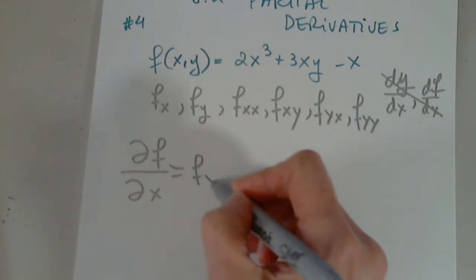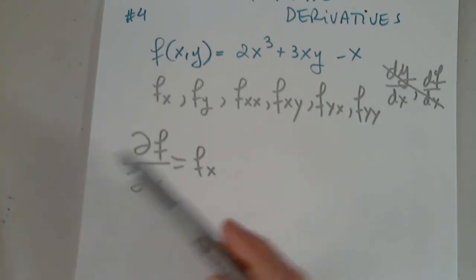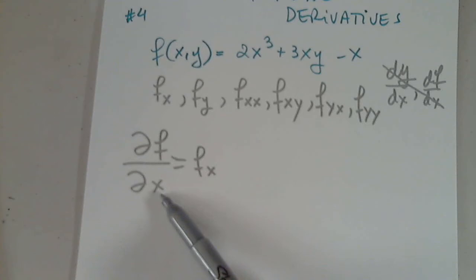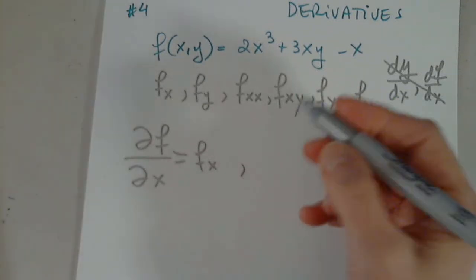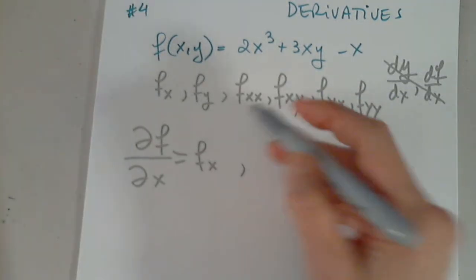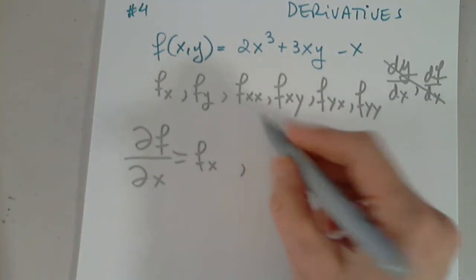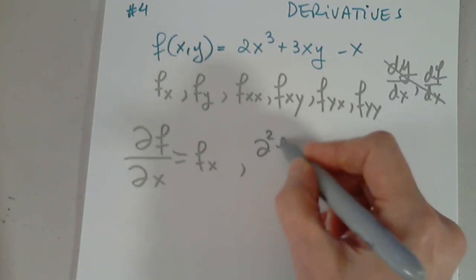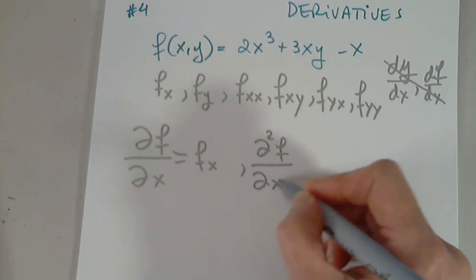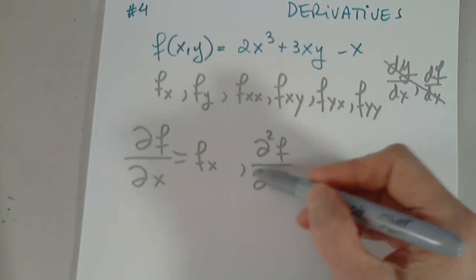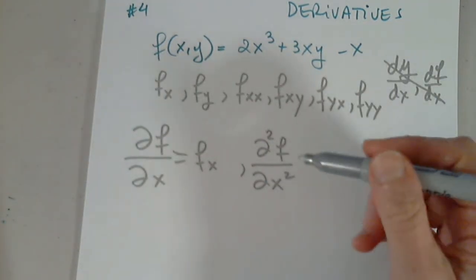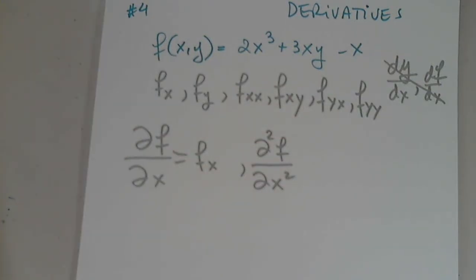This is fx, the partial derivative of function f with respect to x, keeping everything else, like the y, fixed. Here's another. This is going to be d2f over dx2, but not the straight d, but the round d, to signify that we are talking about functions of multiple variables, and this is the partial derivative.